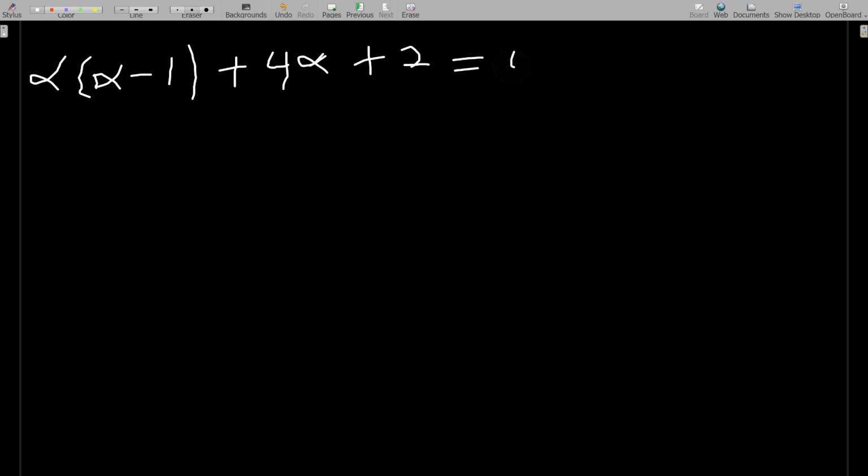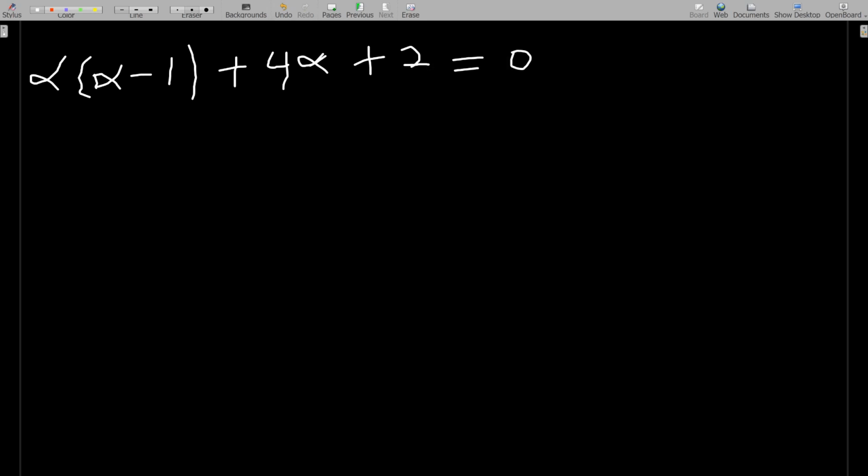Okay, so we have alpha into alpha minus 1 plus 4 alpha plus 2, and this is equal to 0.